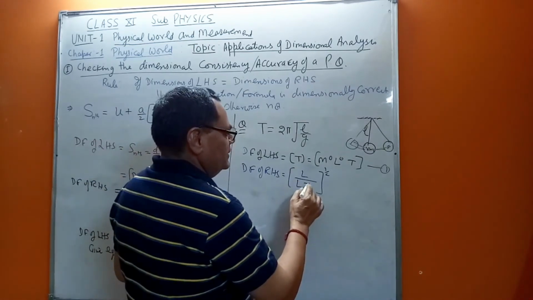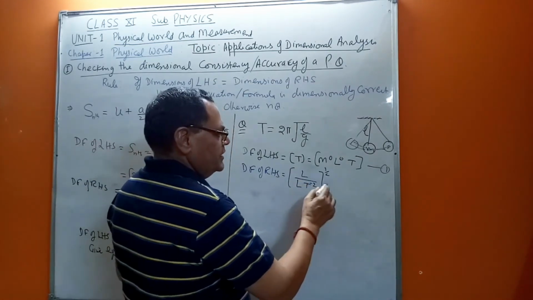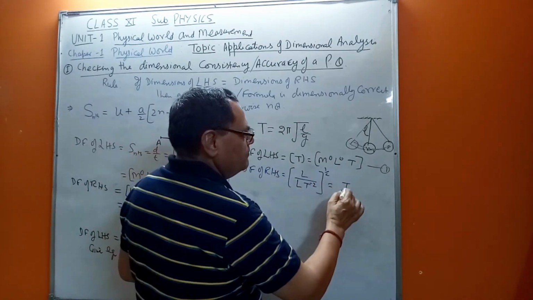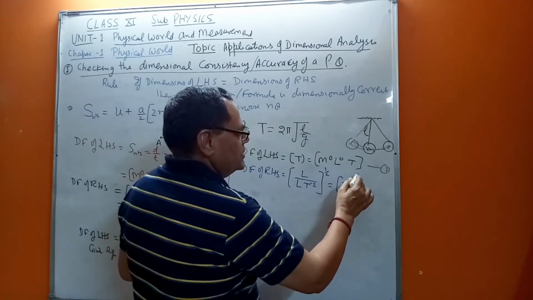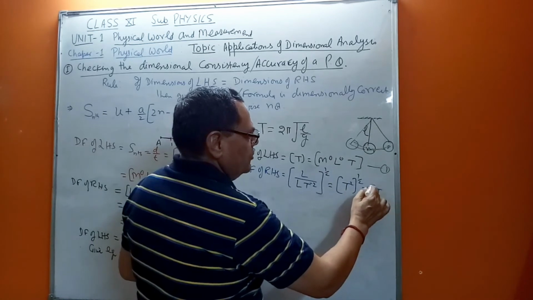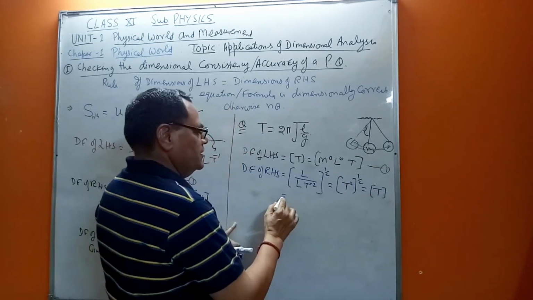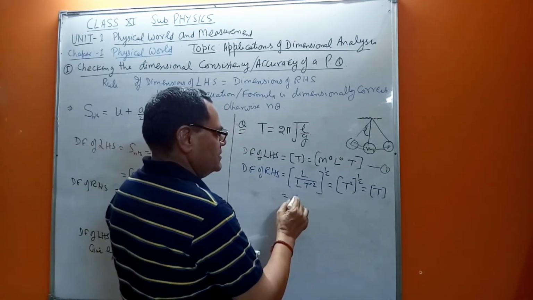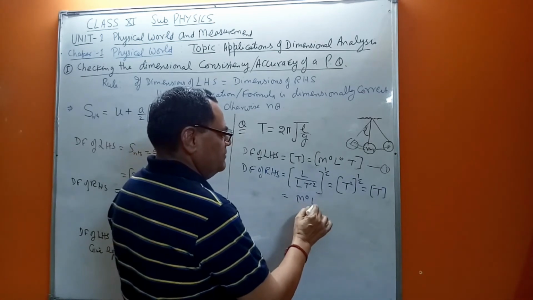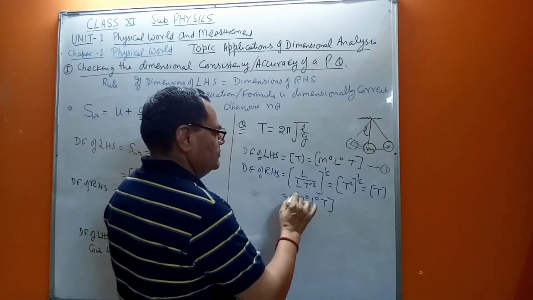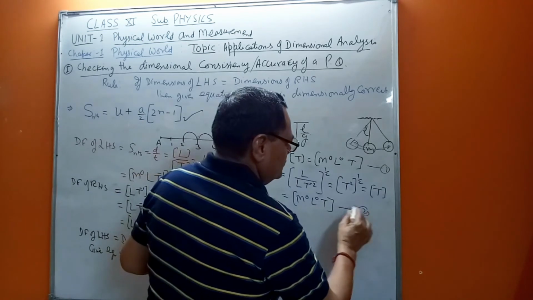So L and L get cancelled and the T square moves up. T square raised to power half means only T. Therefore the dimension formula of RHS in ideal form will be M0 L0 T. Clear? So it's number 2.